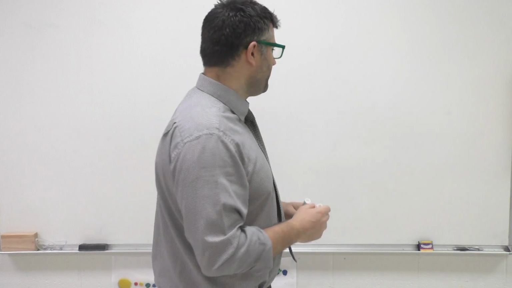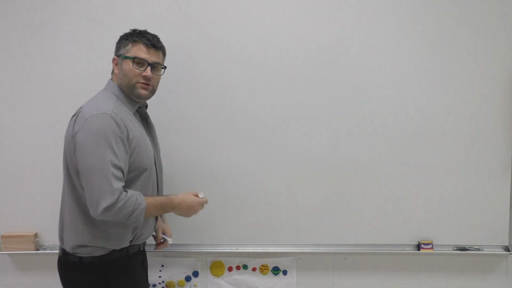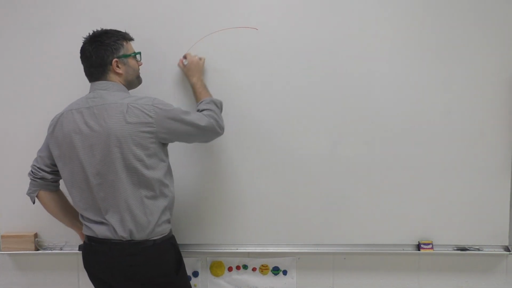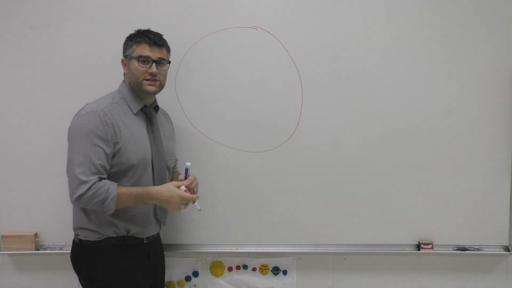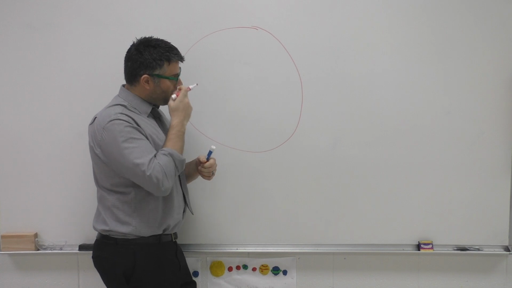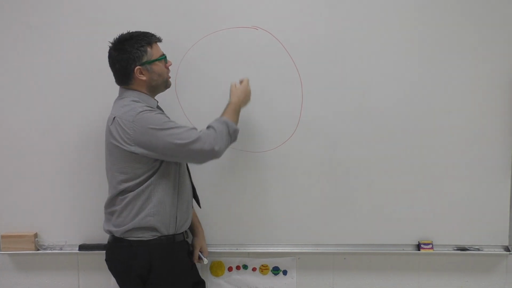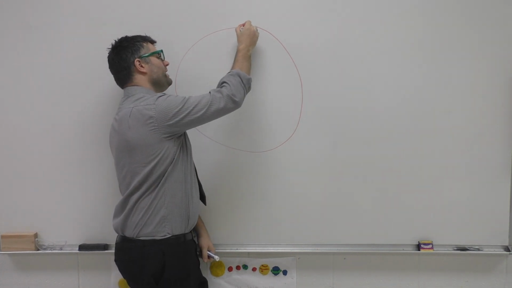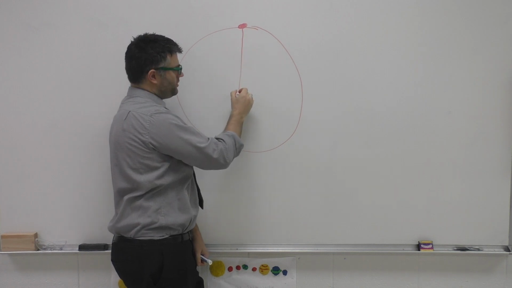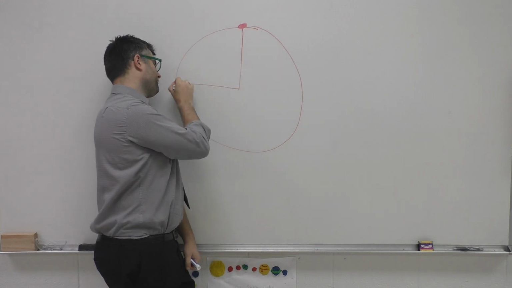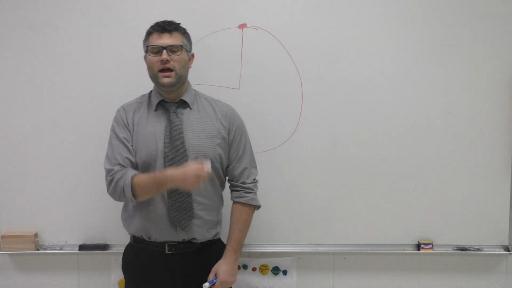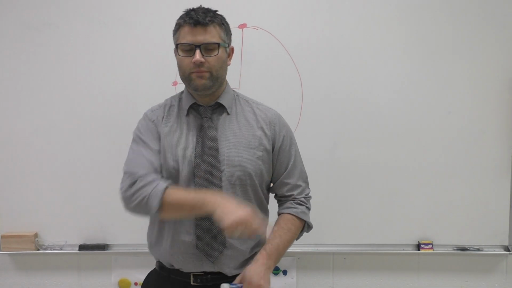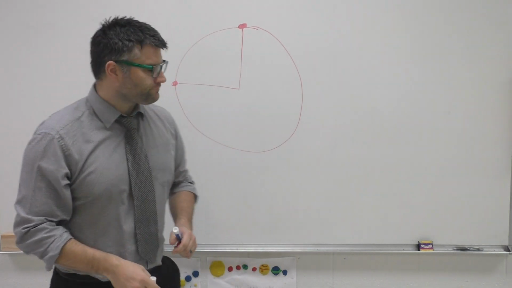In this instance, if I draw a circle on the board, we have to imagine for a second a scenario: an object on a string that we're swinging around in a circle. So we're swinging it round in a circle, like so, on a piece of string.